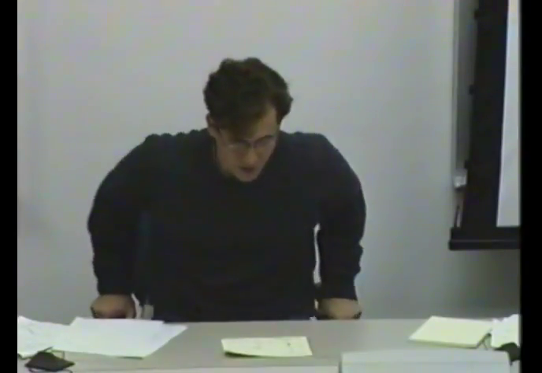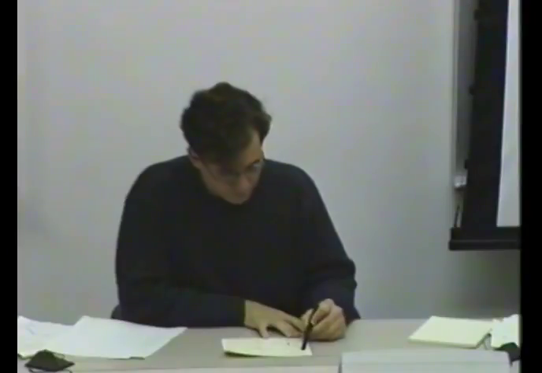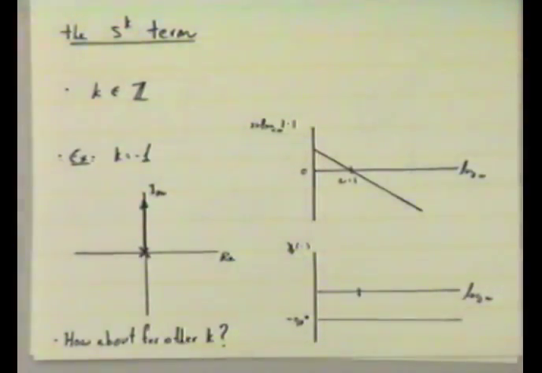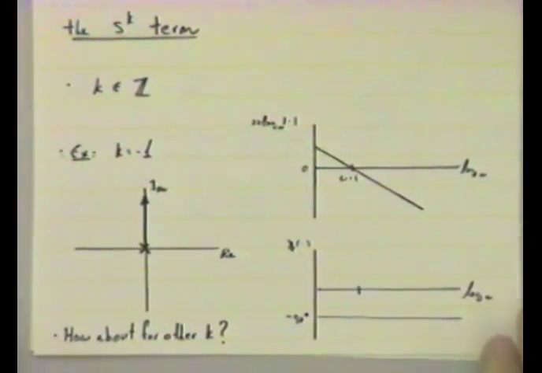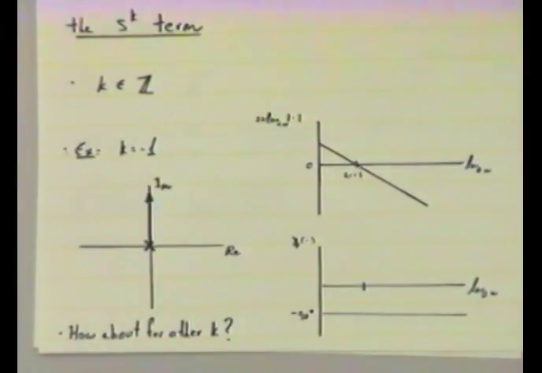The next terms are the s to the k terms, where k is any integer. If k is positive, the interpretation is we have zeros at the origin, and if k is negative, the interpretation is we have poles at the origin. Let's get started with a simple example, which is k equals -1.